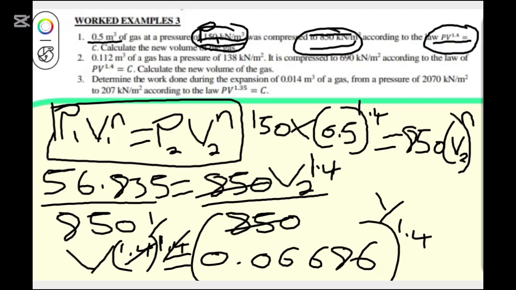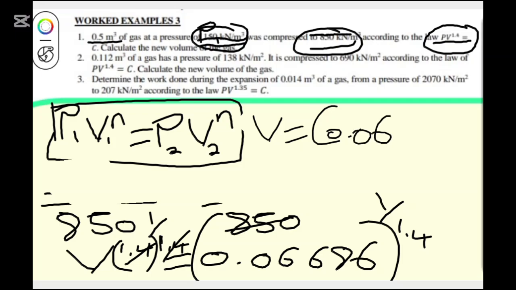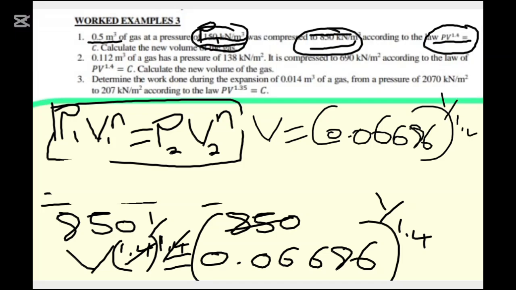So let me have some space. V should now be equal to, if I press it in the calculator, 0.06686 to the power of 1 by 1.4.